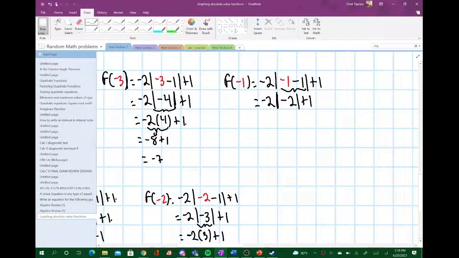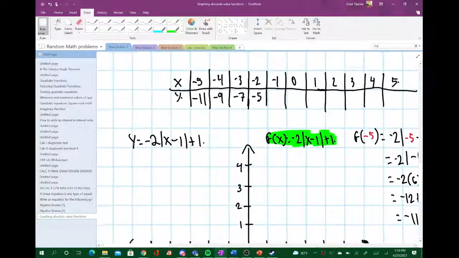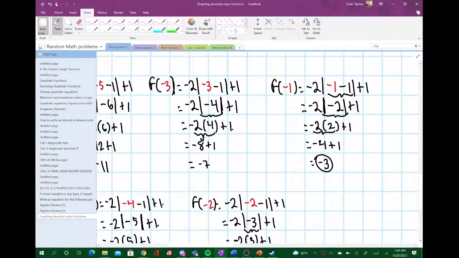And then plus 1. So this equals, I have negative 2, and then what is the absolute value of negative 2? This is going to be 2 plus 1. So then what is negative 2 times 2? That's negative 4 plus 1. What is this going to be? This is negative 3, right? So when x equals negative 1, we have y equals negative 3, right?